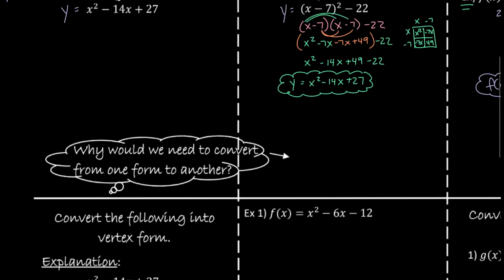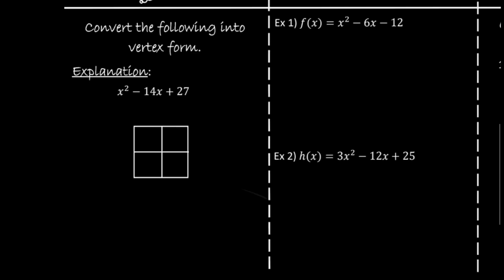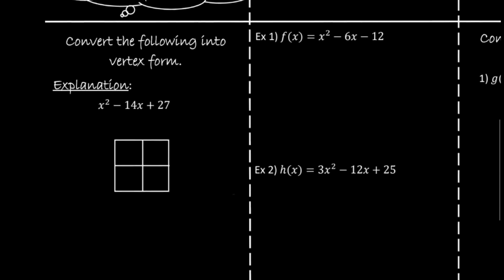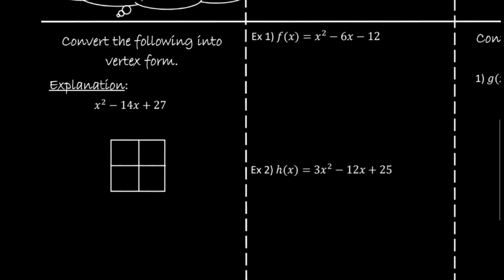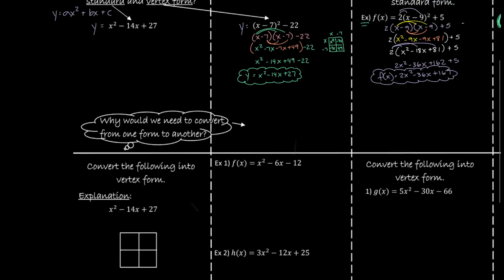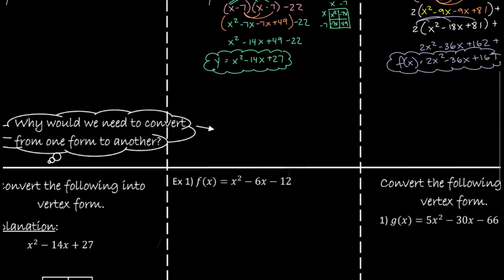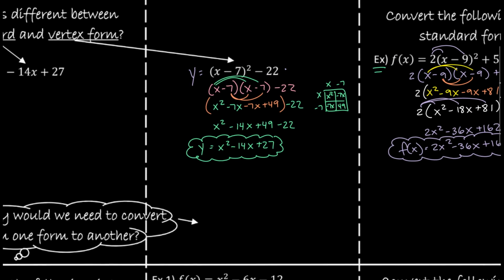So go down to the bottom left flap, converting from standard to vertex. If we look at the flap right above it, when we were going from vertex to standard, we look at that exact same problem going backwards.